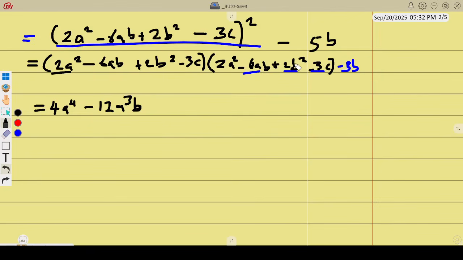And then we come to this one, 2 times 2, 4. A squared times b squared, it is just a squared and b squared, minus 2 times 3, it is 6, and then a squared times c there. So we've multiplied 2a with everything in here, and we're not done.